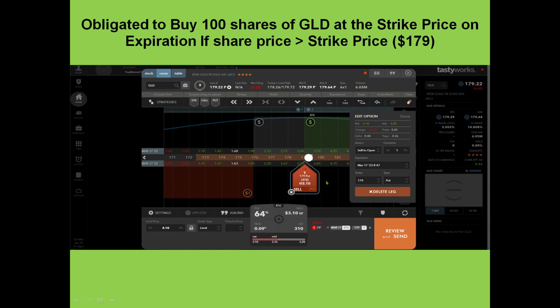So it's almost equivalent to a buy low and sell high strategy. So it works really well also to produce passive income.